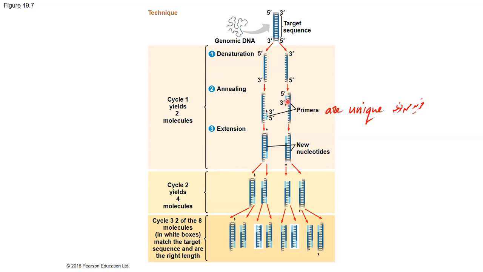They are designed, so typically they are single-stranded, these primers. Typically, of course, typically means most of the time, they are 21 nucleotides.